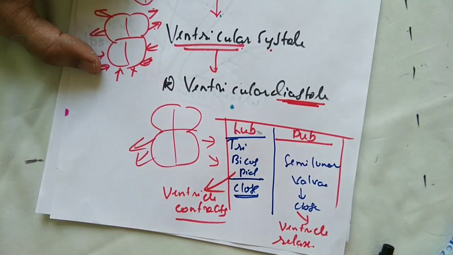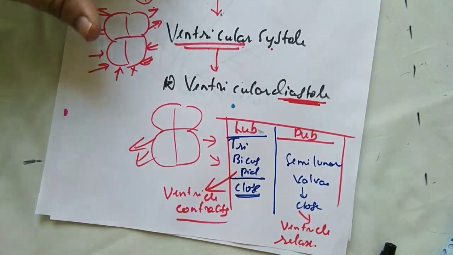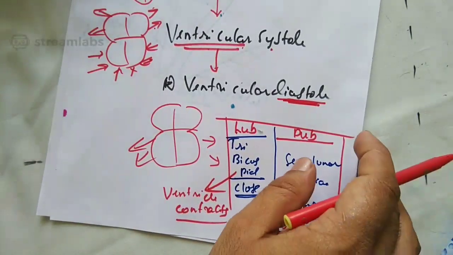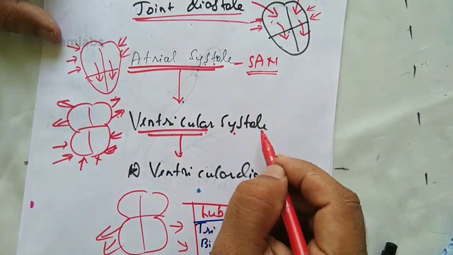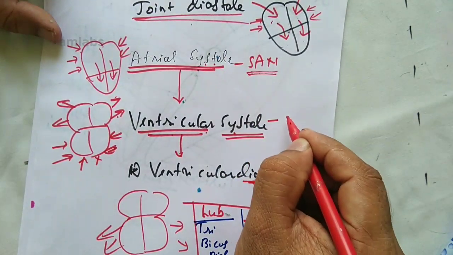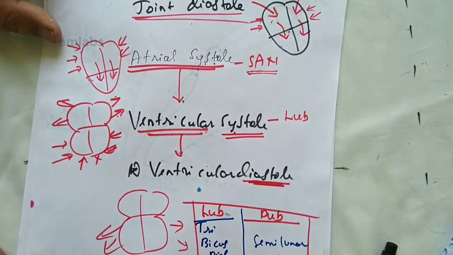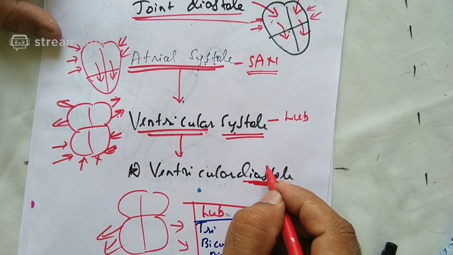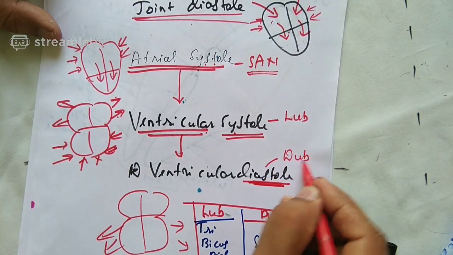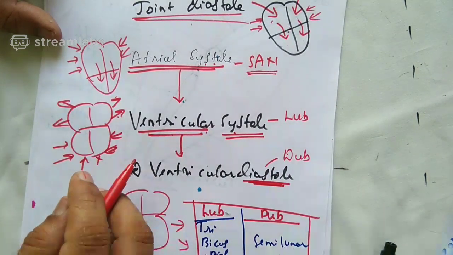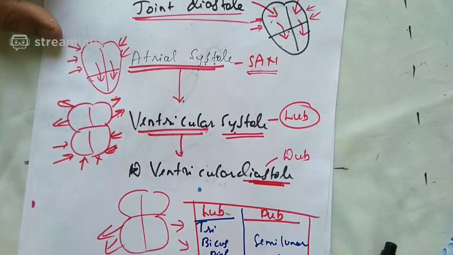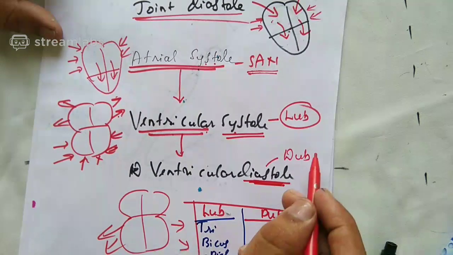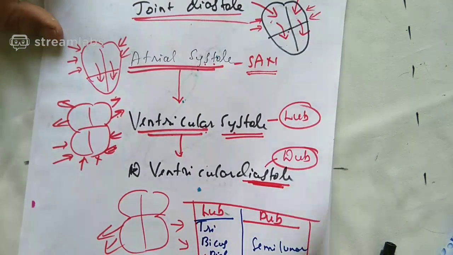Clear? Tell me, lub sound occurs when? When ventricular systole occurs, sound will be what? Lub. And when ventricular diastole occurs, sound will be dub. Hope the matter is clear for you regarding lub and dub. Lub is because of the tricuspid and bicuspid valves getting closed. Dub is because of the semilunar valve getting closed.